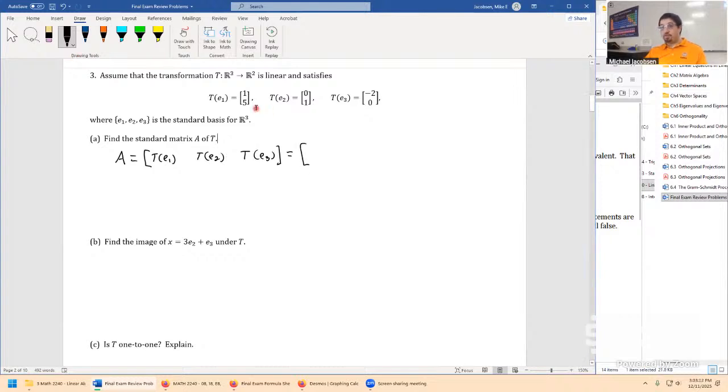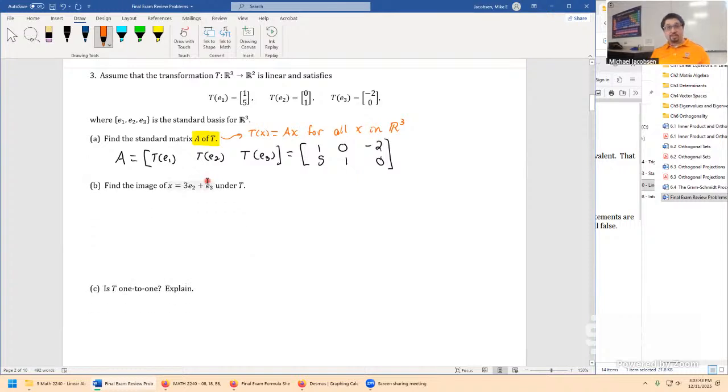We just take all these vectors, drop them into a matrix as they stand. So 1, 5, 0, 1, negative 2, 0 is that standard matrix A of T. And what we mean by that is specifically, T(x) equals that matrix A times x for all vectors x in the domain R^3. We can just analyze A as a matrix multiplication. So it's been a while since we looked into that theorem. Any questions on getting through part A?